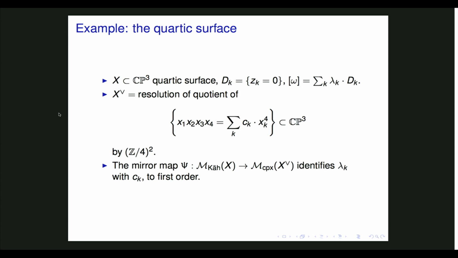But the mirror map identifies these one-dimensional spaces in the Kähler and complex moduli spaces in a way compatible with the identification of lambda k with ck, these 4 parameters.